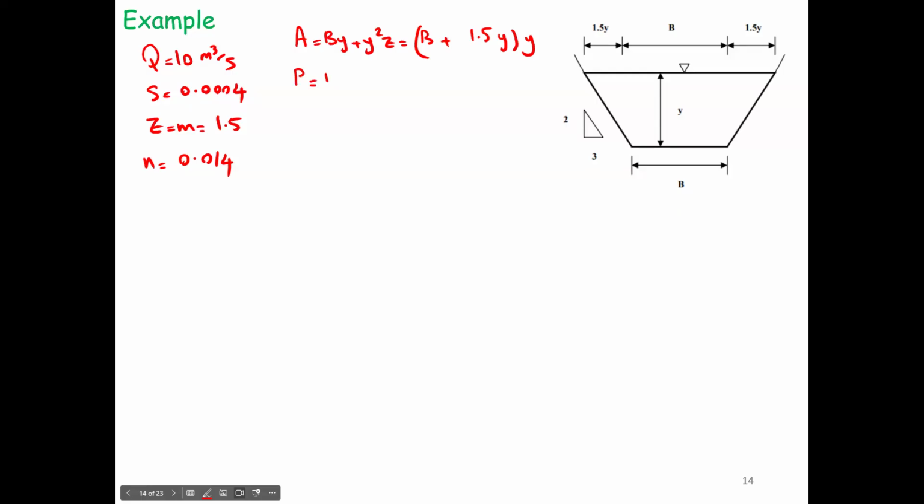P is B plus 2Y multiplied by this guy, which if I replace that, it's B plus 3.61Y. The rest are numbers. So instead of Z, I will write 1.5 and the rest is there.